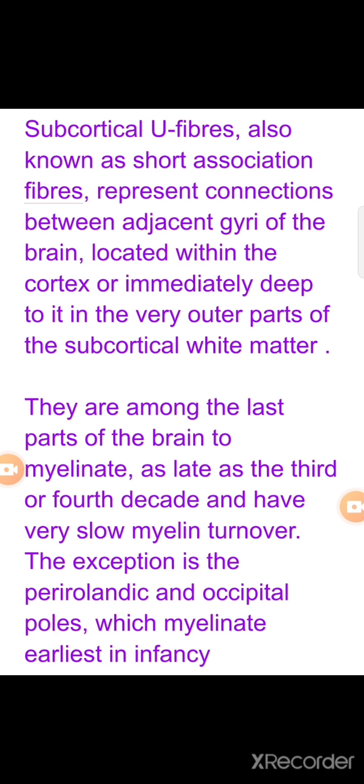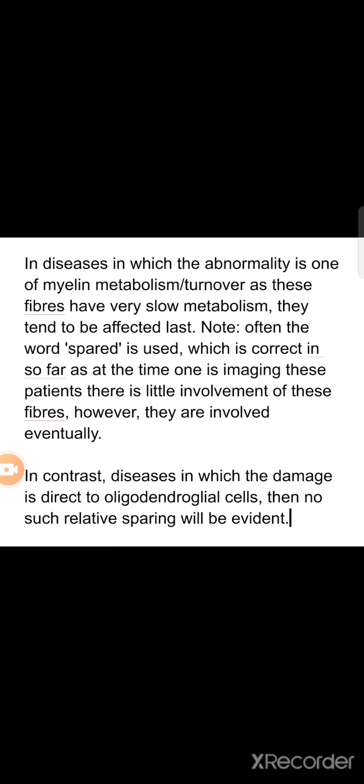So what are subcortical U fibers which are typically involved in PML? These are association fibers located immediately deep to the cortex, in the very outer parts of subcortical white matter. In diseases with abnormalities of myelin metabolism, they tend to be affected last.